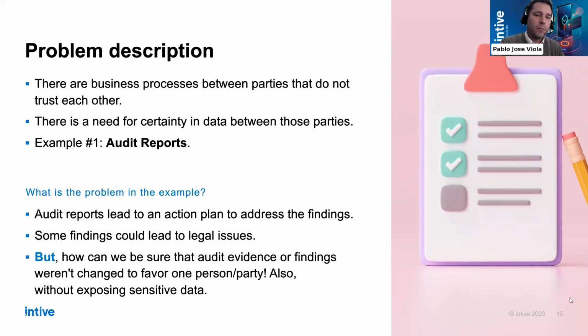Let's say we have two parties that need to interchange or verify an audit report, and we just want to verify that the information provided was not tampered with over time in favor of one of the parties. So how can we verify or check this in a proper way? Well, for that, here comes the master audit tool.